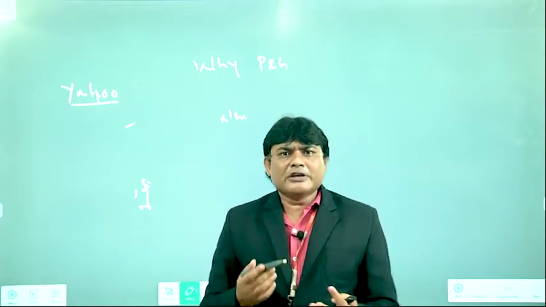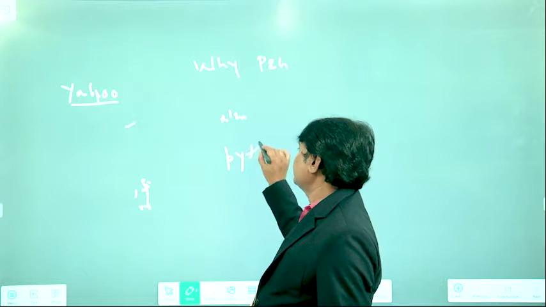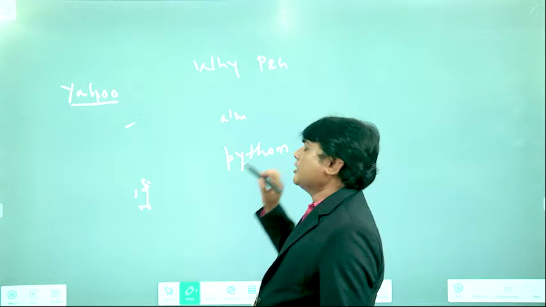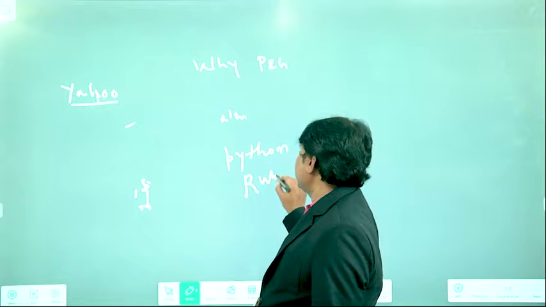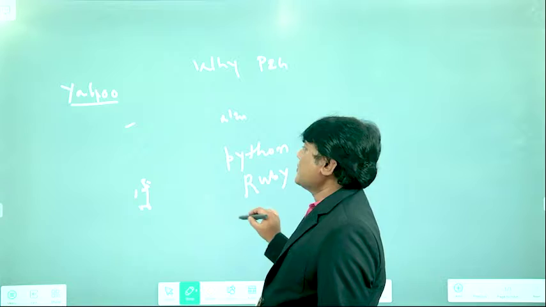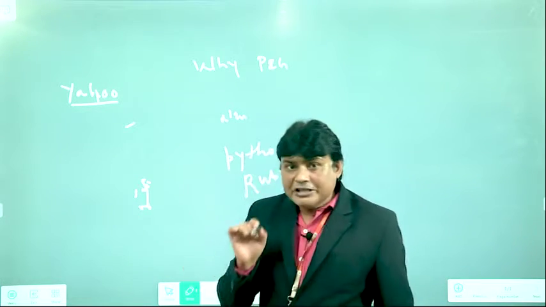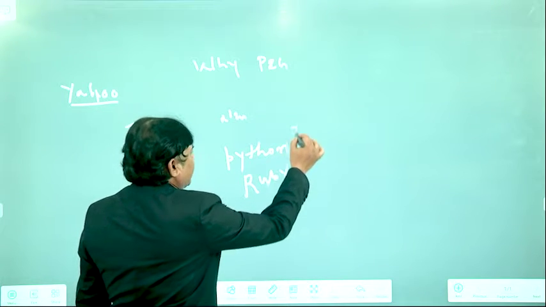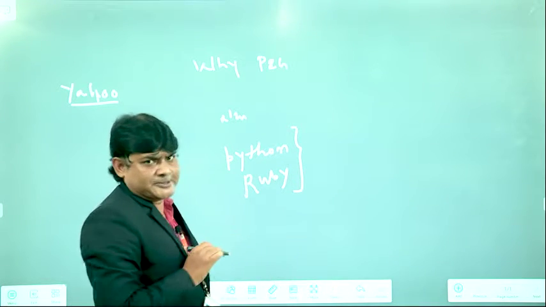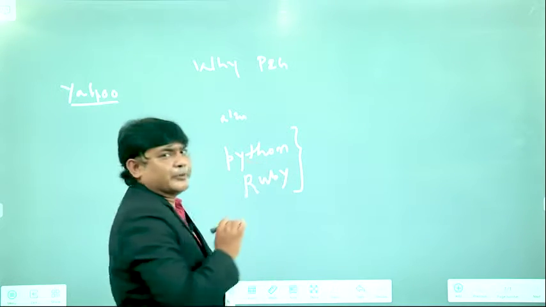Suppose you say Python, it is a scripting language. Ruby is also a kind of scripting language. Shell is also a scripting language. So these Yahoo people are very comfortable with scripting languages. They are very good at writing scripts using scripting languages.